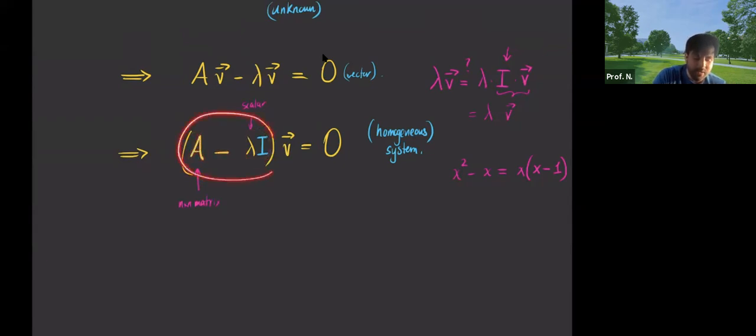So this entire difference will be an n by n matrix, correct? This whole thing is an n by n matrix multiplied by a vector. Again, I stress this, non-zero.